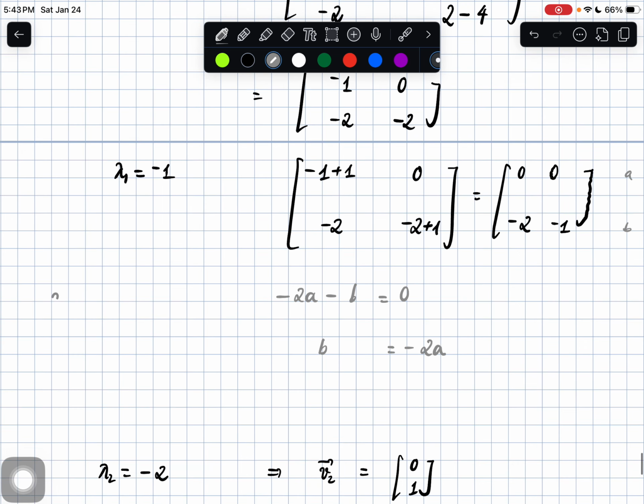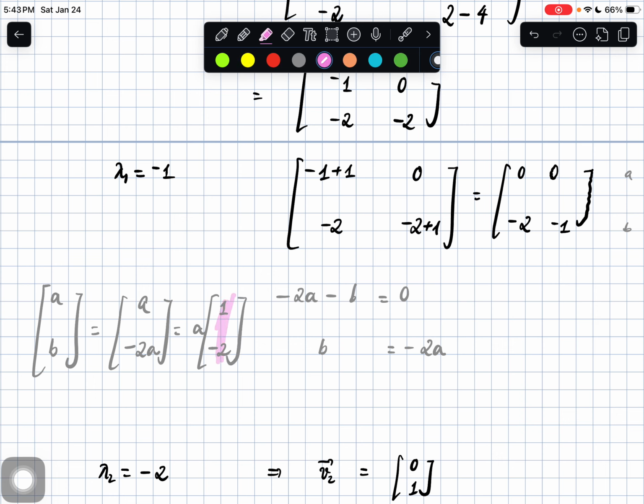So AB is A, minus 2A, A. 1, minus 2. You can choose this to be the corresponding eigenvector for the eigenvalue lambda 1.